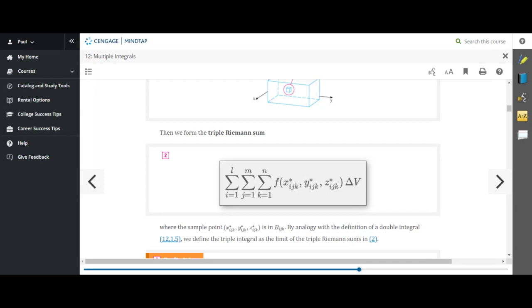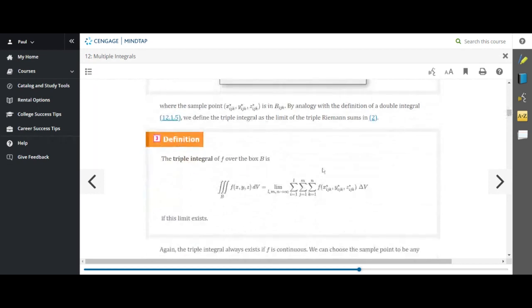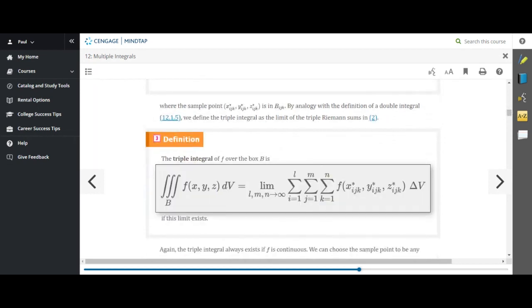And obviously, if you take an infinite number of points in the solid, in that case it was a box, but if you take an infinite number of points and let L, M, and N go to infinity, then this triple Riemann sum is going to become a triple integral. That's what you're going to have, a triple integral.